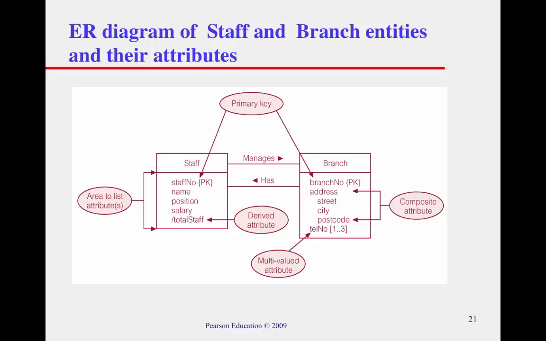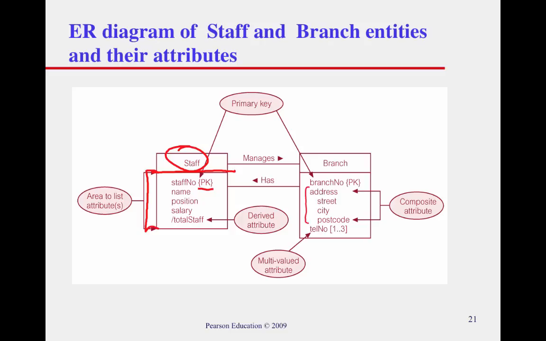Notice the name of the entity, then a horizontal line, and then the attributes. The primary key is shown in braces with the name PK. If it was a composite key, then each attribute that is part of the primary key would have PK next to it.